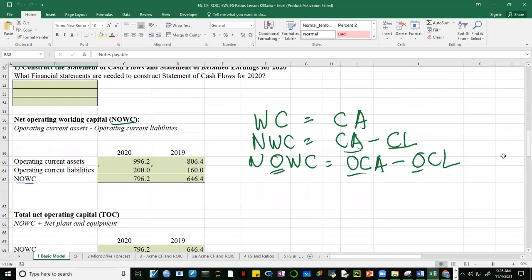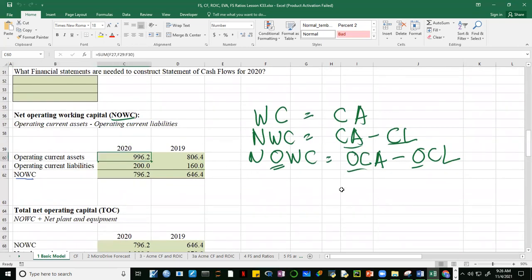Therefore, having identified the operating current assets, in this case your cash, receivables, and inventory, and then the operating current liabilities consisting of your accounts payable and your accruals, we get our net operating working capital, which is just the difference between the two. We did the same for 2019.